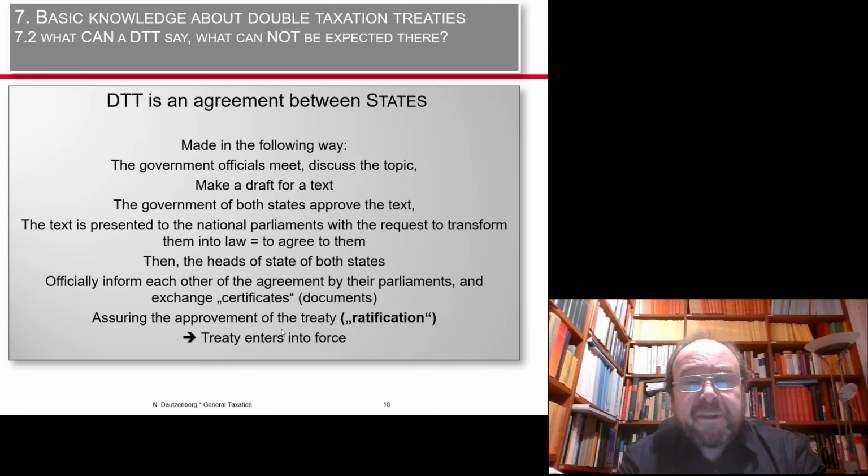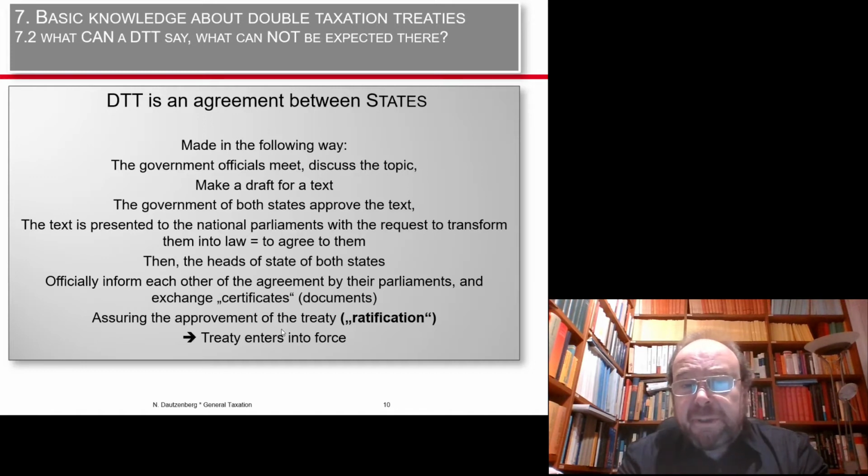Because an international treaty can only have binding effect as a law if Parliament allows that and turns it into a law. And usually, whenever an international treaty is negotiated, the persons doing the negotiation are not allowed to sign anything definitively. There is always a so-called ratification clause, so that the negotiation result has to be confirmed by the two states' parliaments. Good.